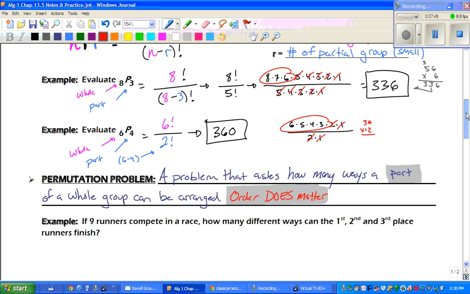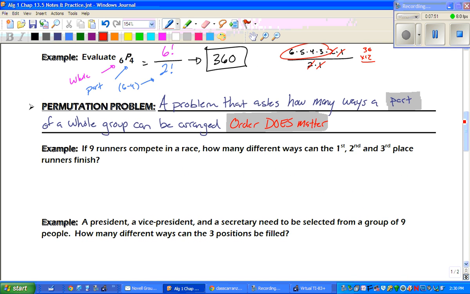Let's read some problems. If 9 runners compete in a race, how many different ways can first, second, and third place runners finish? Does order matter? Yes, it does. So order matters, which means we're doing a permutation.